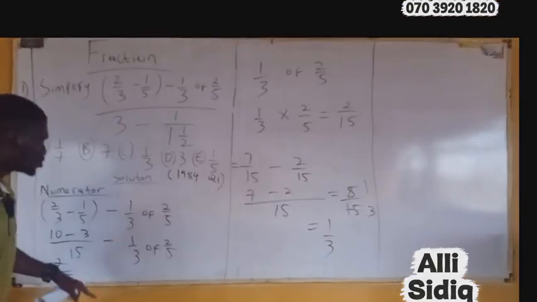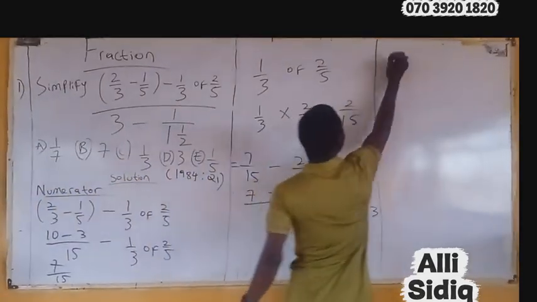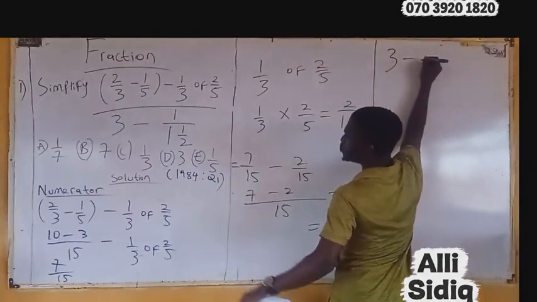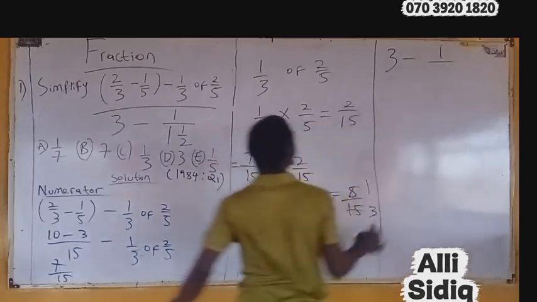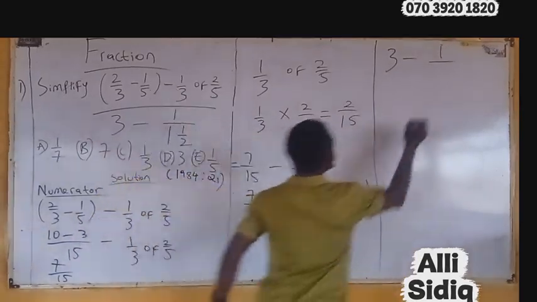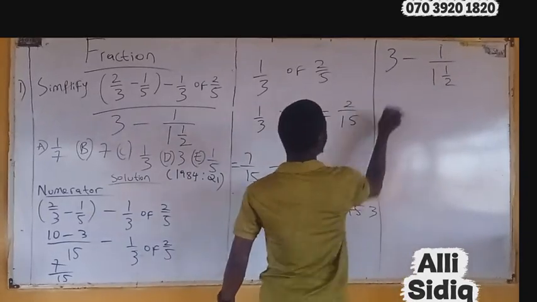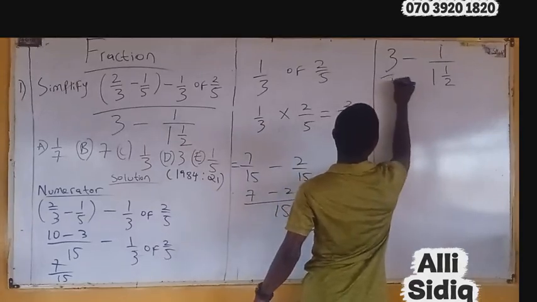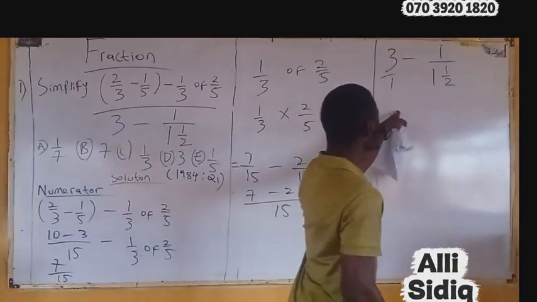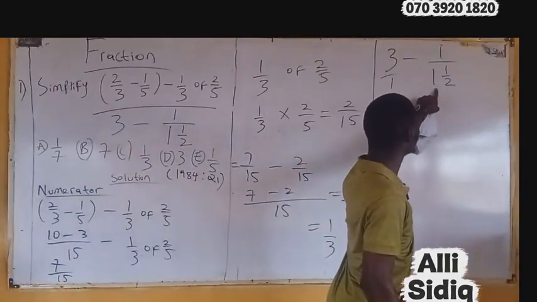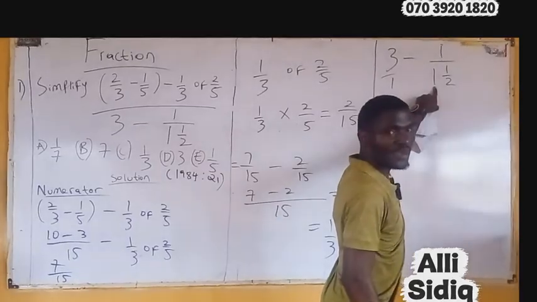So now the next thing for us to do is to bring out our denominator. For the denominator, we have 3 minus 1 over 1 whole over 1 over 2. You see, this is 3 over 1. So now, the first thing you need to do here is to change this to an improper fraction.